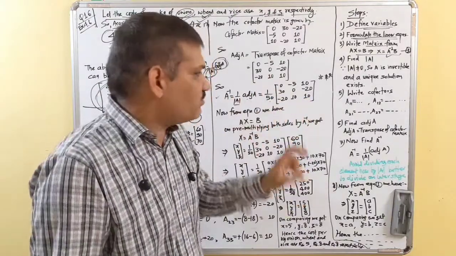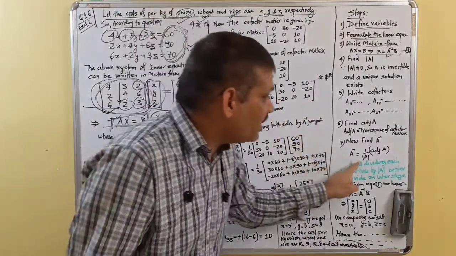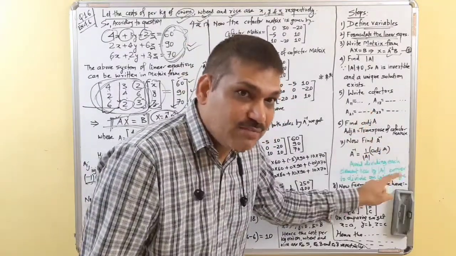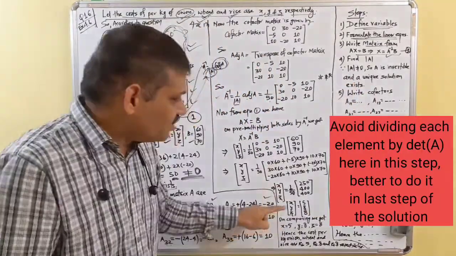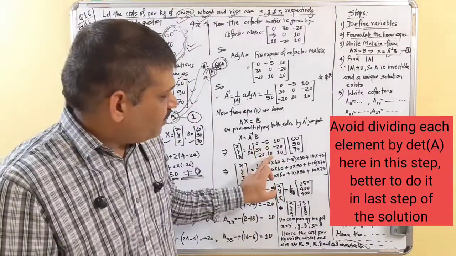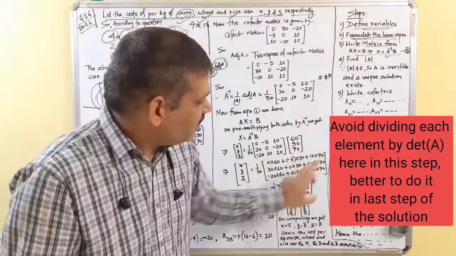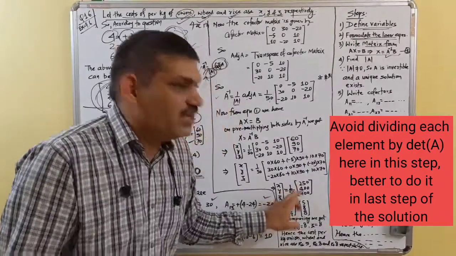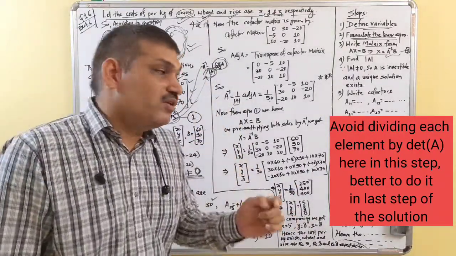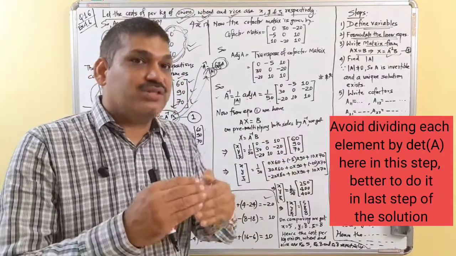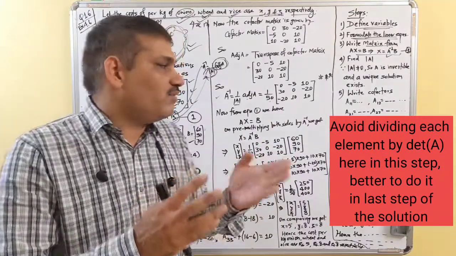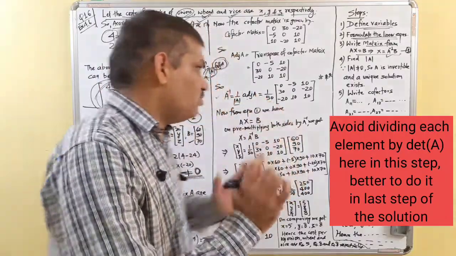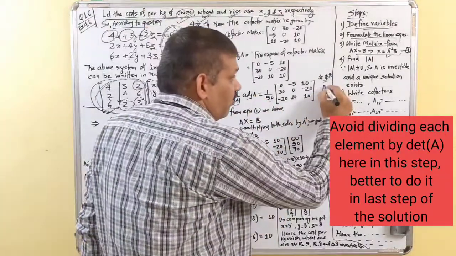So we do not divide each element here by determinant A. It is better to divide in the last step. When we multiply this into this, in the last step we divide each and every element by 50 to avoid calculation mistakes, otherwise the question will be lengthy and it will take a bit more time. So here avoid dividing.